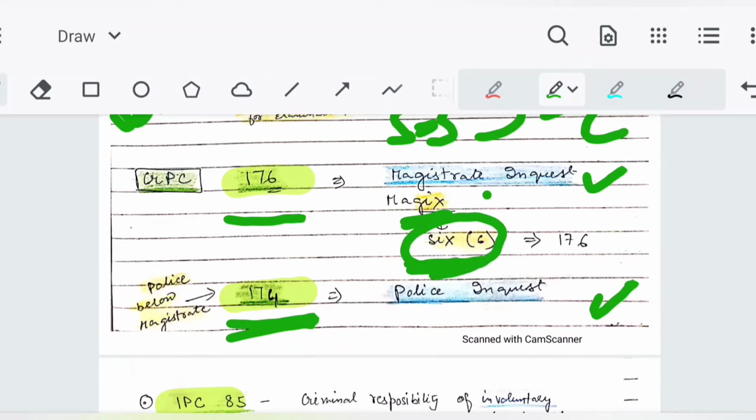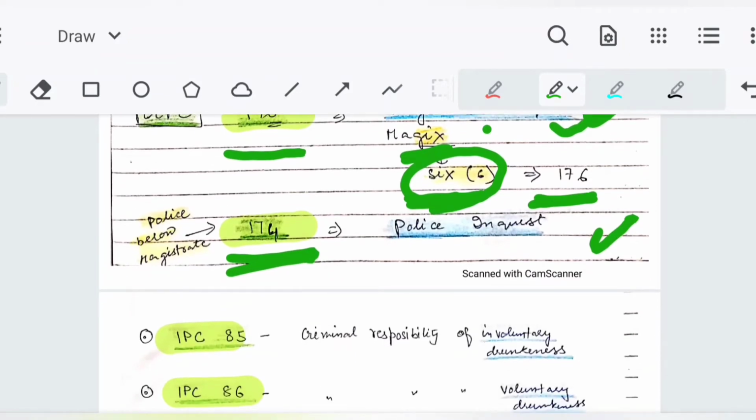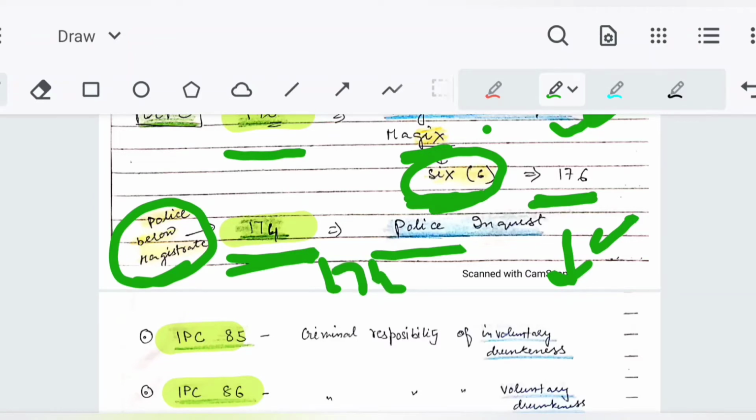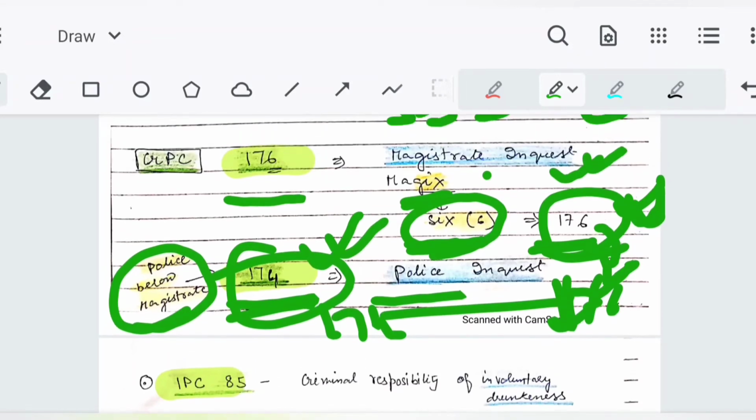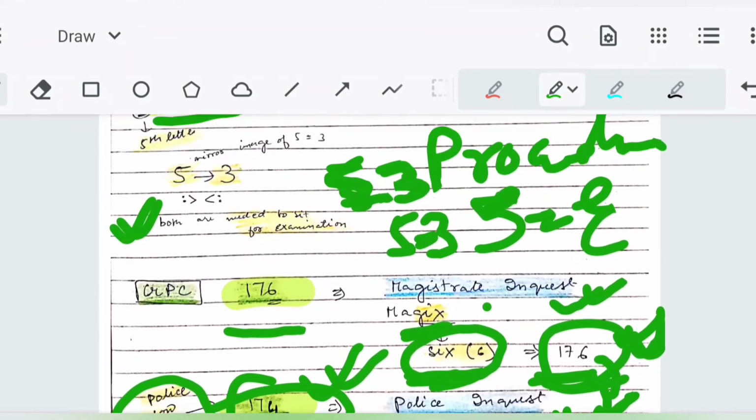So 6 will be there. 176 is magistrate inquest, and police is below the level of magistrate. So 174 is below 176, therefore 176 is for magistrates and 174 is for police inquest. Okay. So these three were the CRPCs.